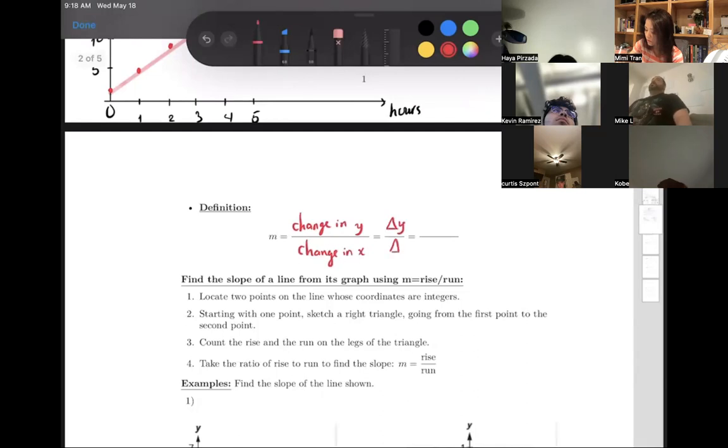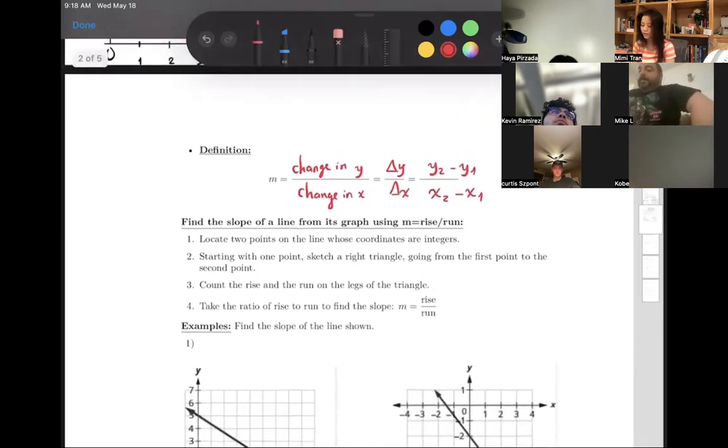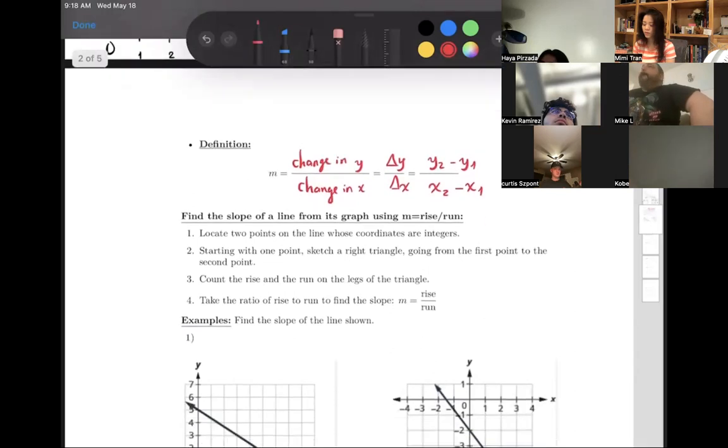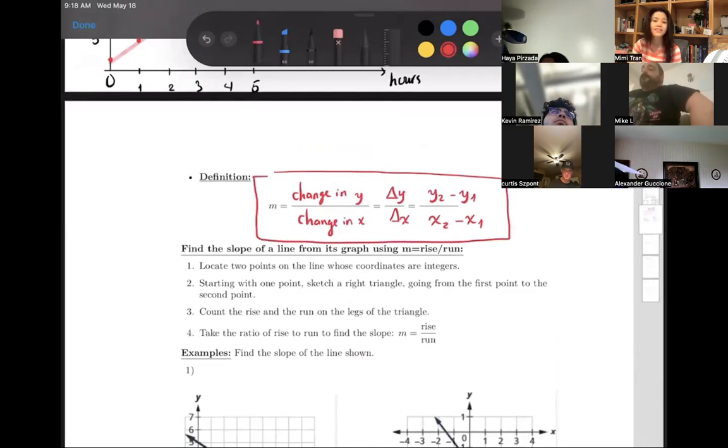Or y2 minus y1 over x2 minus x1. Again, you have to pick the corresponding pair. That's the formula for the slope. Make sure you remember this. You need it on your quiz on Thursday.